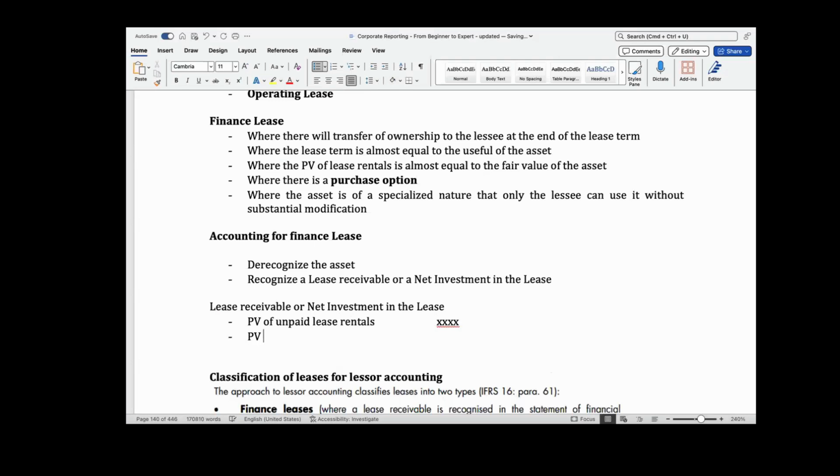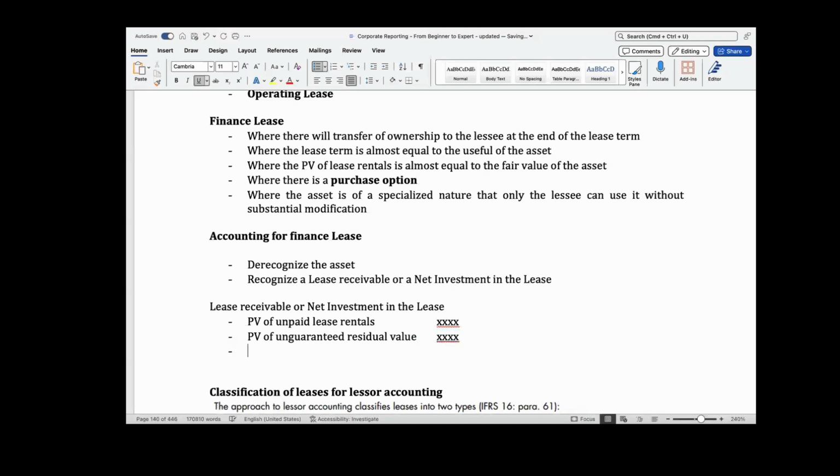You will now also add the PV of unguaranteed residual value. When you add these two together, whatever you get, that is what will represent the net investment in the lease.